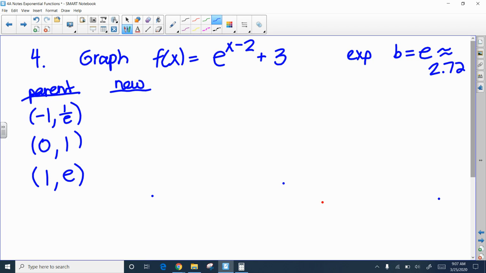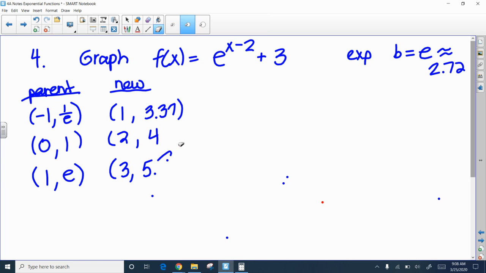The new x values are going to be 1, 2, and 3. And our new y values are going to be, using decimal approximations, about 3.37, 4, and 5.72. Our asymptote is y equals 3.